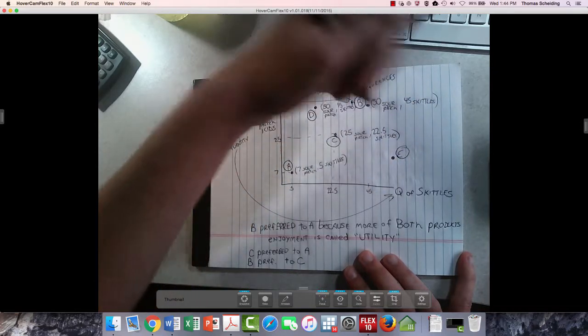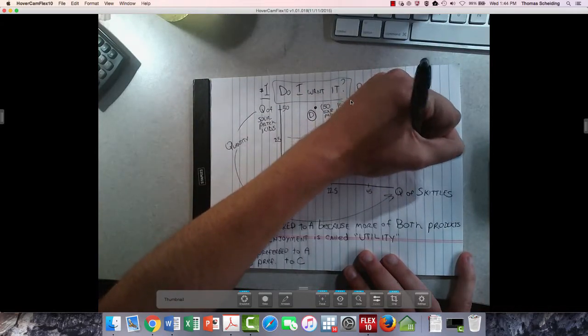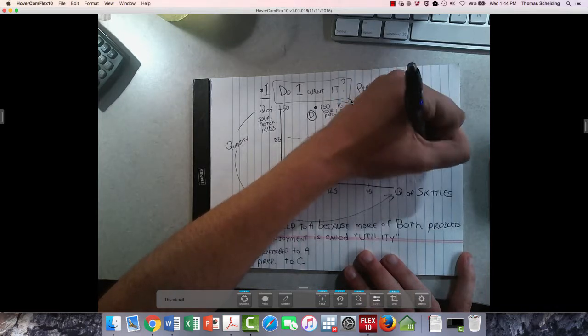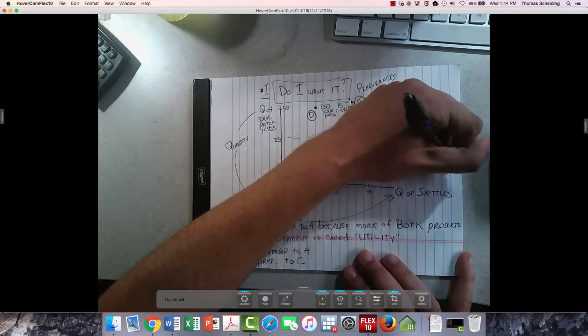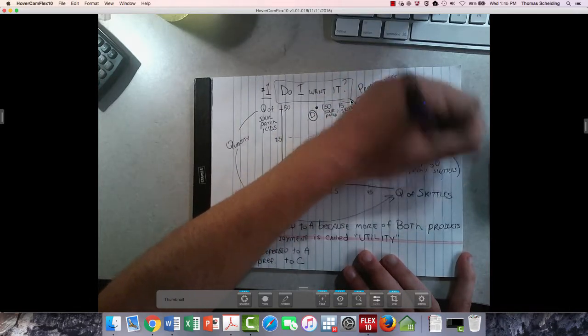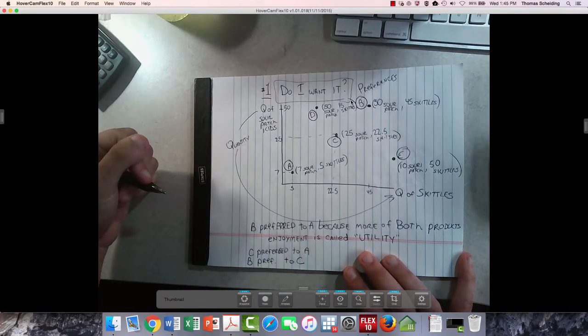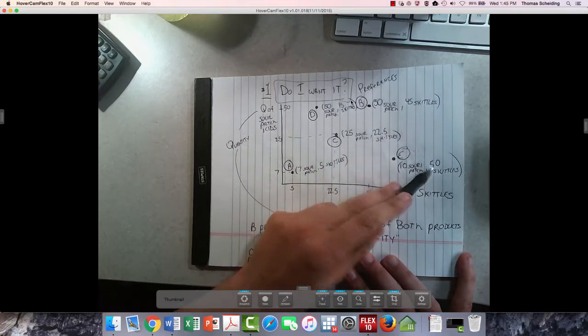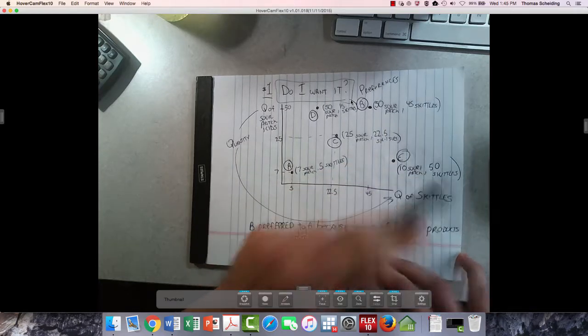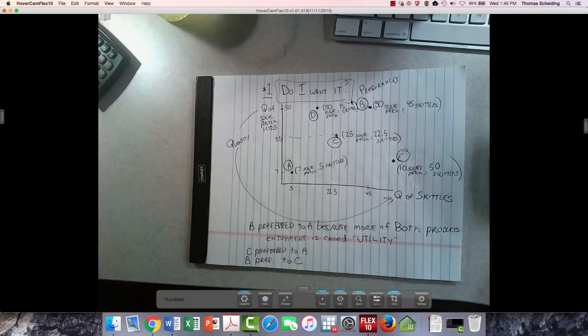In bundle E, maybe I have 10 Sour Patch and 50 Skittles. What's the relationship between C and E? Right? I have less of one good and more of the other.